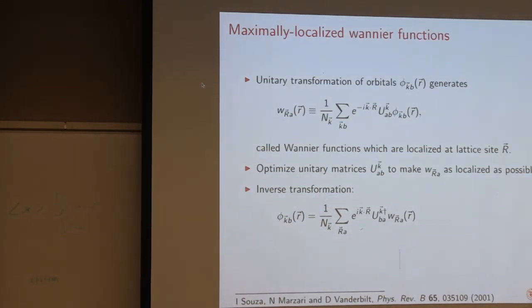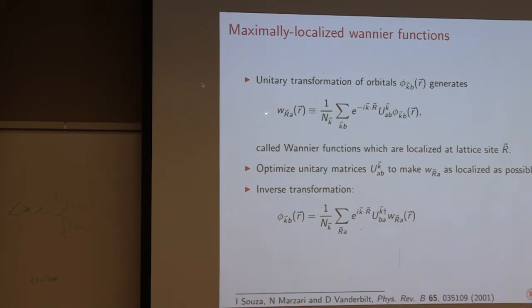So what Wannier functions do is they are effectively a unitary transformation of these orbitals. So remember that these orbitals have two indices, this wave vector k and the band index b. The unitary transformation is happening in both of these spaces. In the space of k going to r, this looks basically like a Fourier transform. In addition, there is a unitary matrix at each k that rotates the band index.